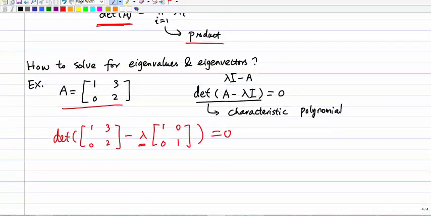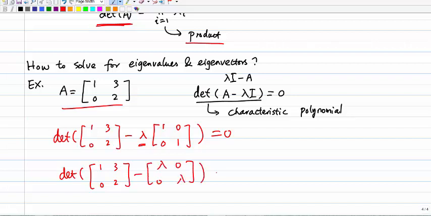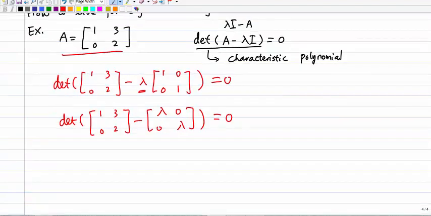Putting them together, it is the determinant of [1 3; 0 2] minus [lambda 0; 0 lambda], set to be 0. This is the determinant of [1 minus lambda, 3; 0, 2 minus lambda].